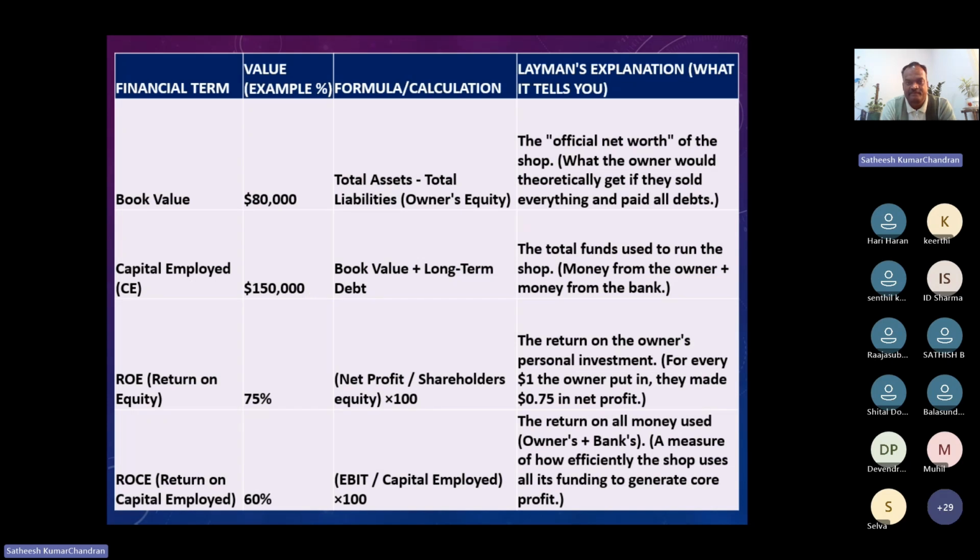And we have to reduce liabilities, like what we borrowed from the bank. So that is 20,000. We have to remove it. So book value is $80,000.